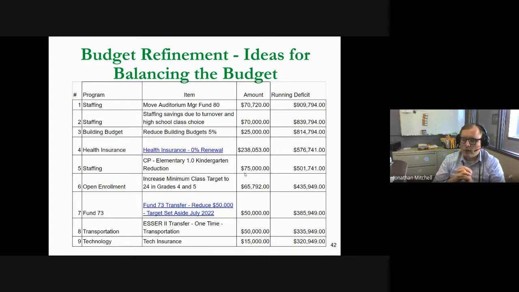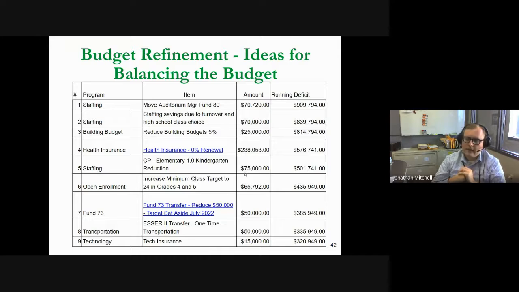And while we work through the process of doing a full RFP for transportation within the community, the 18% increase that the district will see for next year, utilizing ESSER funding to pay for that increase cost, would allow the district to complete an RFP process through summer of 2022 for the 23-24 school year.